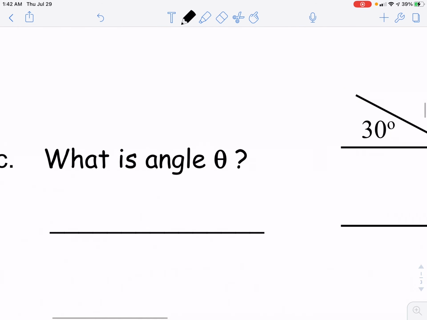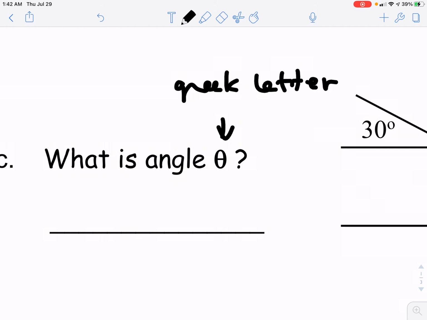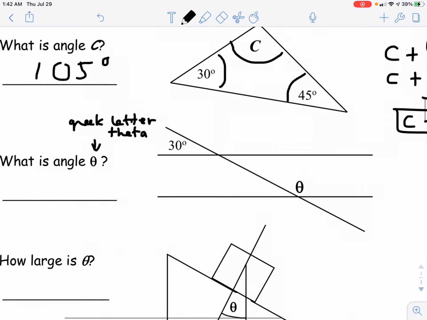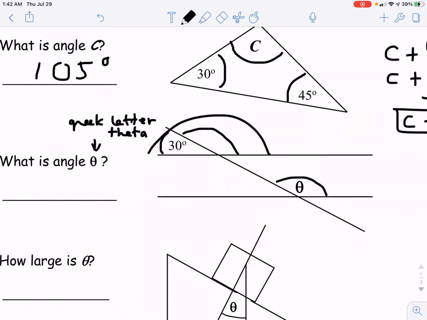This symbol right here is the Greek letter theta. And theta is an angle, a variable that stands for an angle measurement. Okay, so we're trying to find this angle right here. Well, we know that this angle plus this angle, the whole thing, has to be 180 degrees.